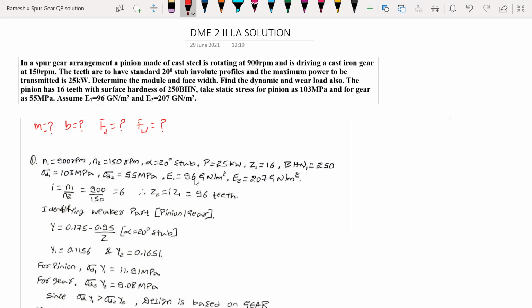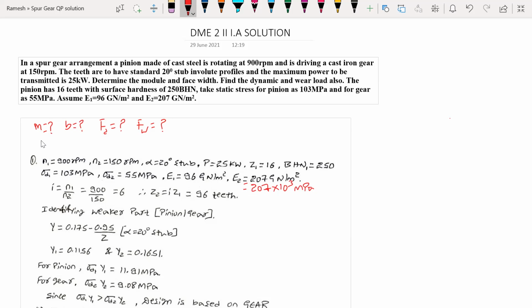That's why this will be 96 into 10 raised to 3 megapascal or Newton per mm square. Similarly, this will be 207 into 10 raised to 3 megapascal, or you can write it as Newton per mm square. And this will be 96 into 10 raised to 3.